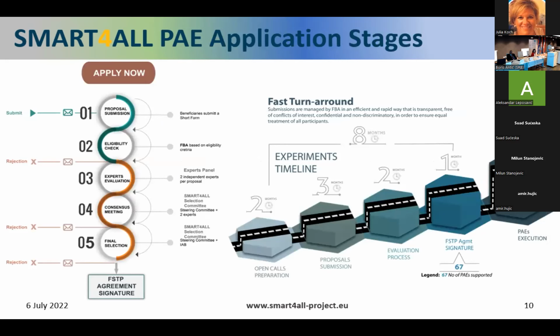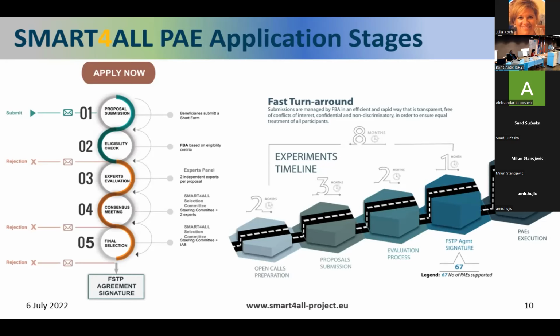As explained this morning in the presentation of Julia, the basic idea of cascade funding and projects like SMART4ALL is to make things easier for SMEs, so to speed up the application and have fast turnaround times from applying to funding. So the applications are not big. There should be very sharp, crystal clear ideas, well defended and well presented.